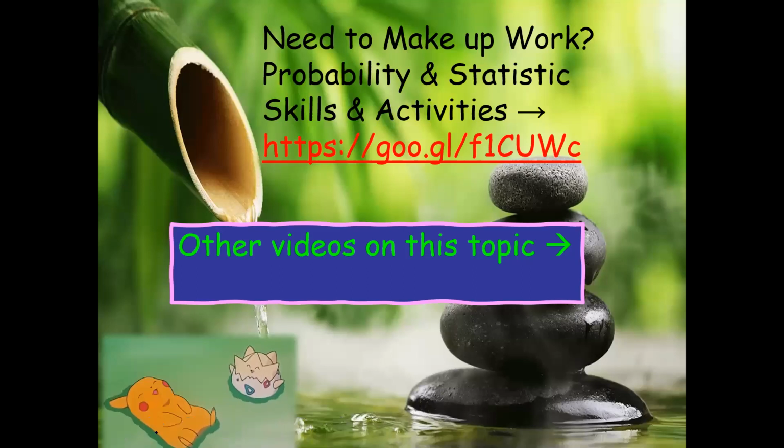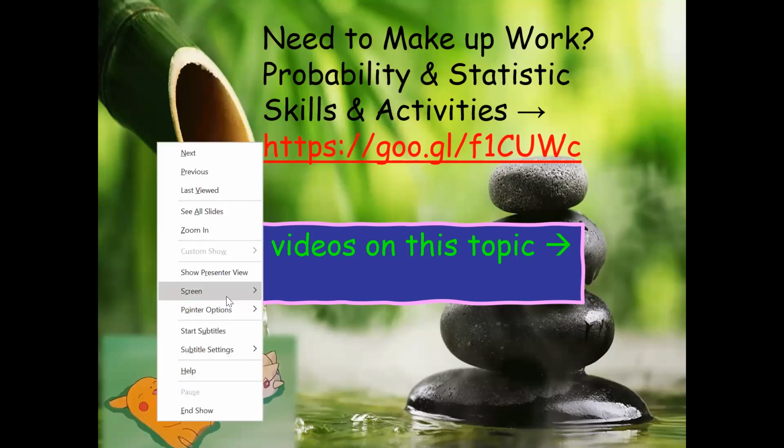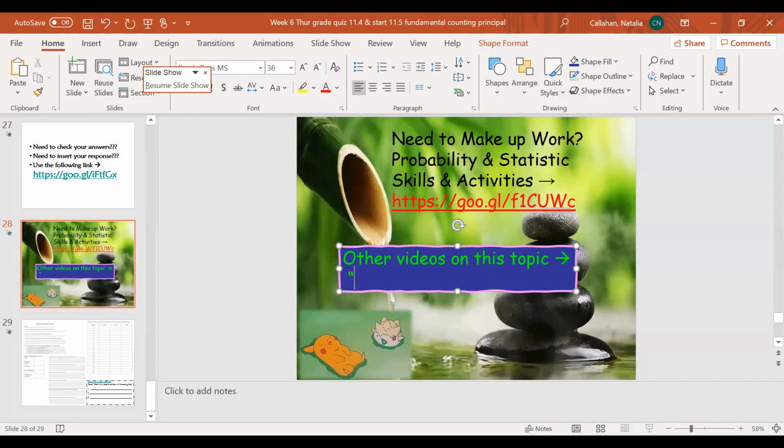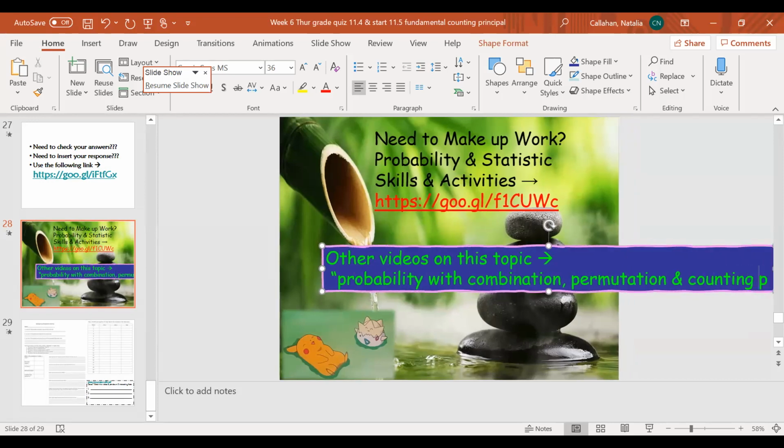If you do need more help on this topic, today we talked about probability with combination, permutation, and counting principle.